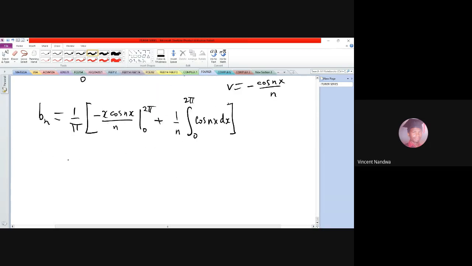Now this can be written as 1 over n pi, minus x cos nx from 0 to 2 pi, and then plus, integrating this one, 1 over n times sine nx over n from 0 to 2 pi.